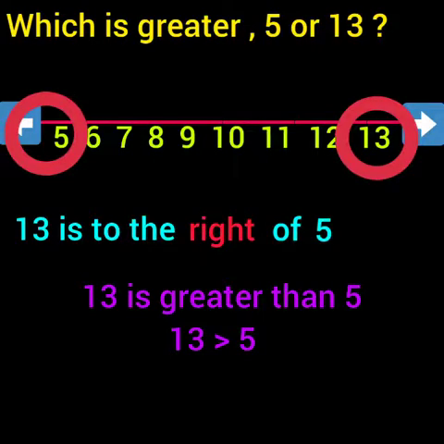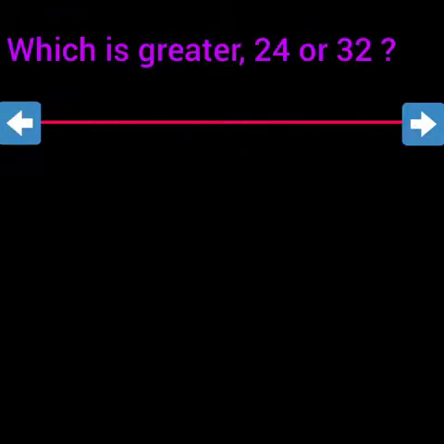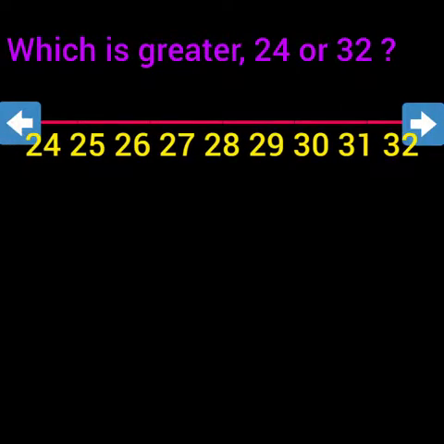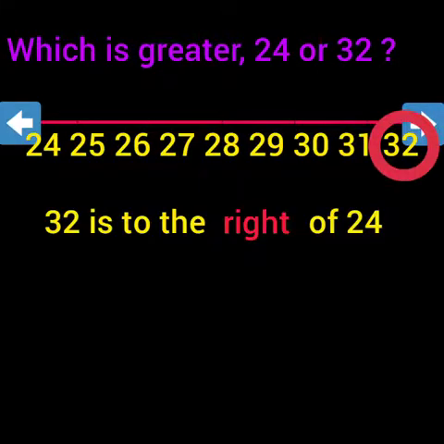Let us try another example. Which is greater, 24 or 32? Here also we have to draw a number line first and write from 24 to 32. Now, where is 32? Yes, it is on the right side of 24.